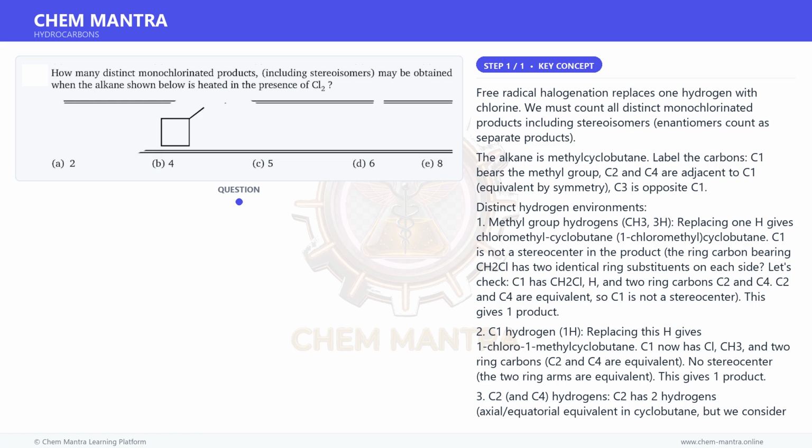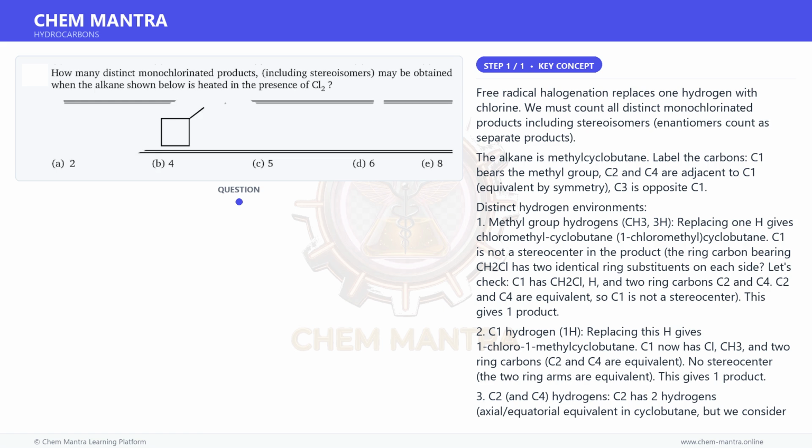Total count: from methyl CH3, 1; from C1 H, 1; from C2 and C4 H, 4: cis R,S plus cis S,R plus trans R,R plus trans S,S; from C3 H, 3: cis meso plus trans pair of enantiomers. Total is 1 plus 1 plus 4 plus 3 equals 9.